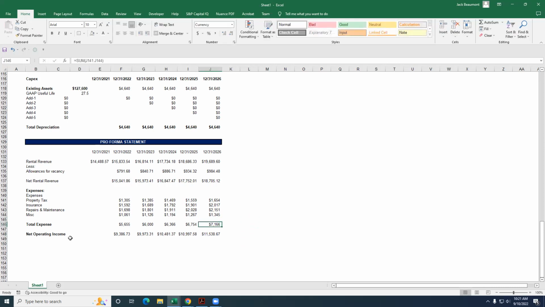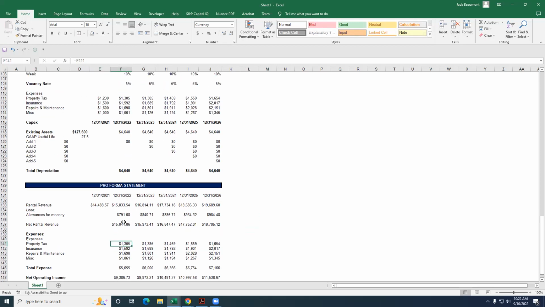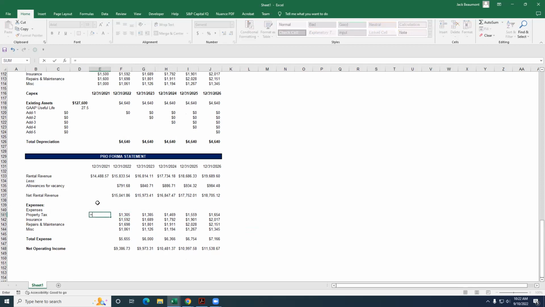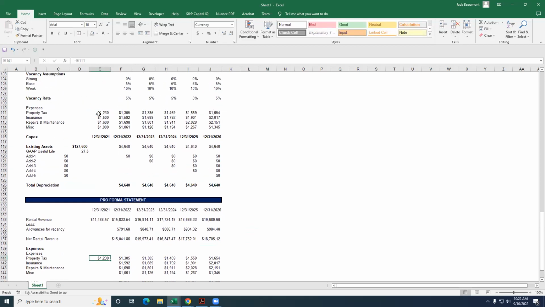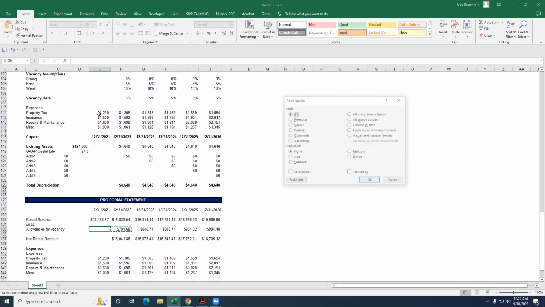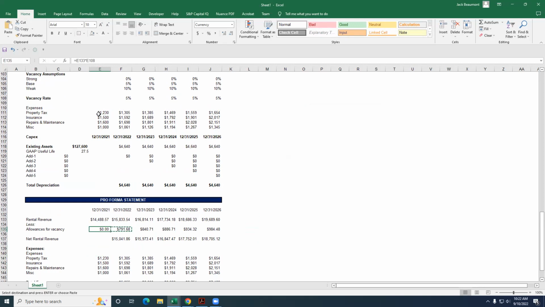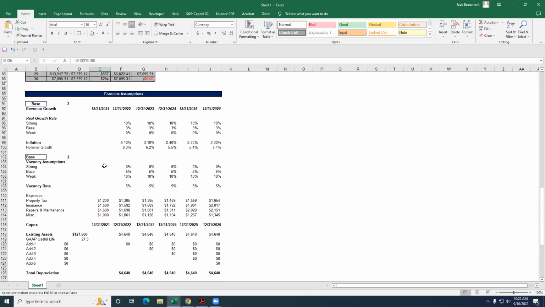So we have this. What I didn't build in here is our first year, so actually I'm going to do that here. Oh, this first year I did not have a cap rate vacancy.